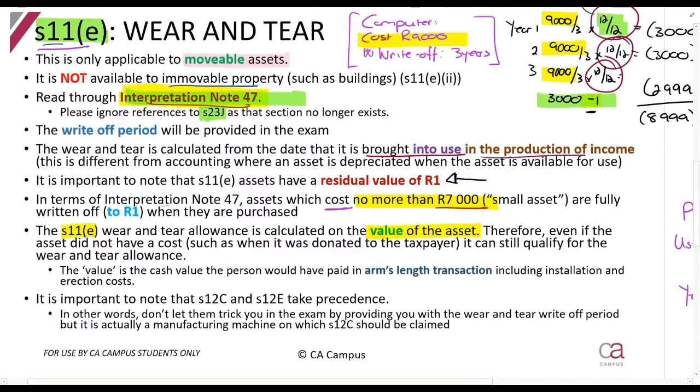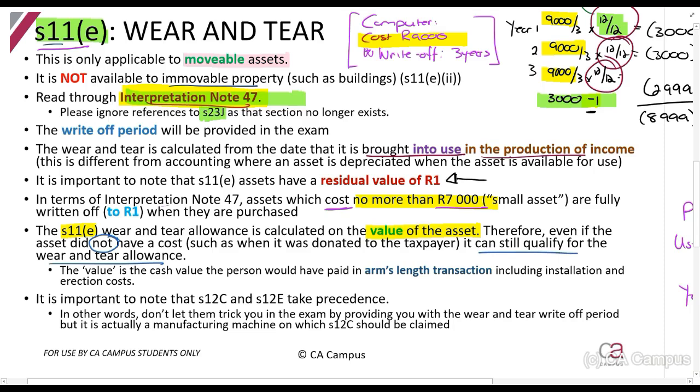Now, what is very important for you to see here is the following. If the asset did not have a cost at all, so you didn't pay anything for the asset, so someone, for example, donated it to you, or you inherited it from someone. Just remember, natural persons can also have this if they're using this asset. So, then it doesn't have a cost. You can still claim this wear and tear allowance.